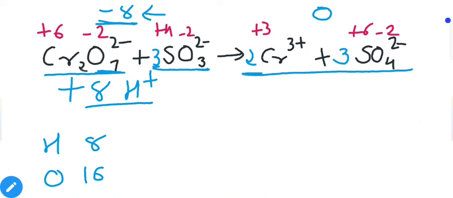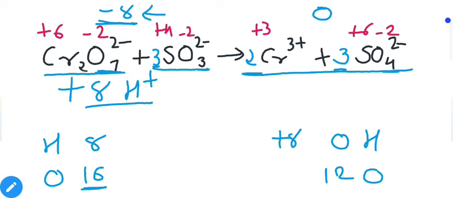Let's check the product side. On the product side we do not have any hydrogens, so the quantity of hydrogen is 0, and the quantity of oxygen is 3 multiplied by 4, total 12 oxygen. So that means we have to add 8 hydrogens on the product side, and 16 oxygen are already present on the reactant side while on the product side we have 12.